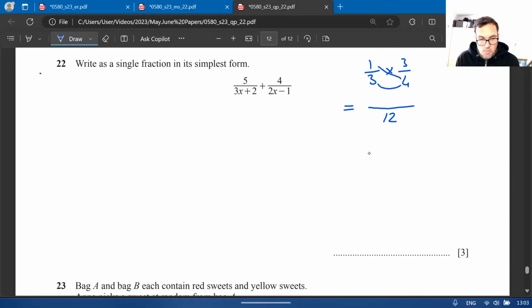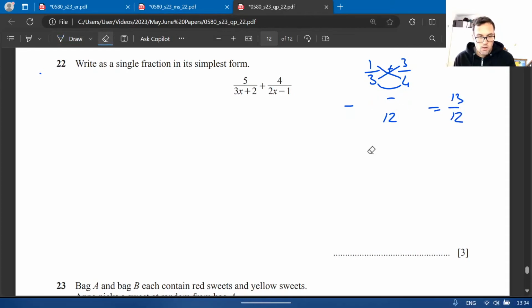And then you multiply across 4 times 1, because 4 over 12 is the same as a third, equivalent fractions. I don't know why I put a times there, it was a plus, of course. And you multiply the 3 across, because 9 over 12 is the same as 3/4, and then you can add it together, and you have the answer.